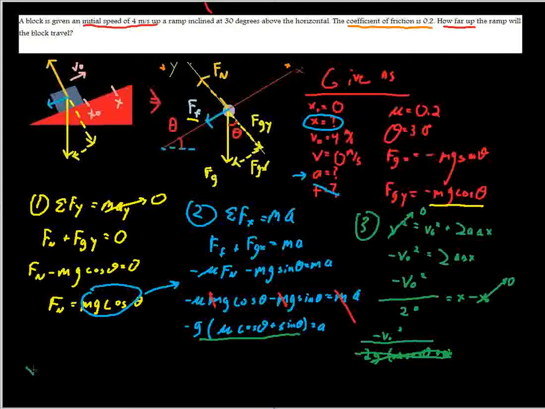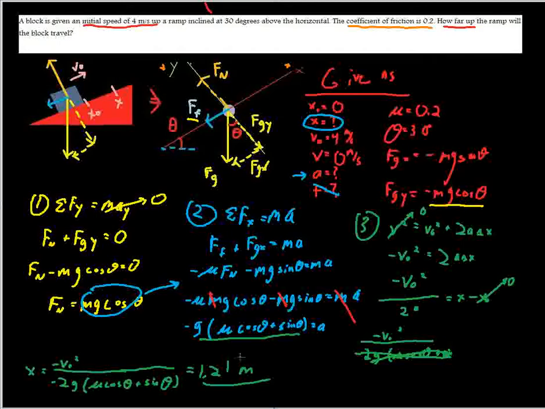So I have x equals the opposite of v naught squared divided by the opposite of 2g times mu cosine of theta plus sine of theta. And I can plug in the numbers, and I should get 1.21 meters as the answer.